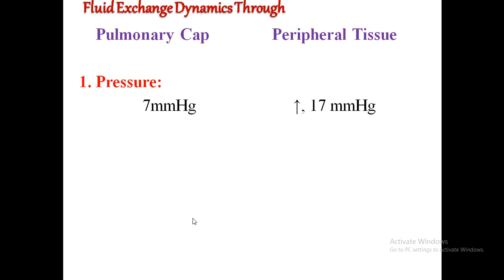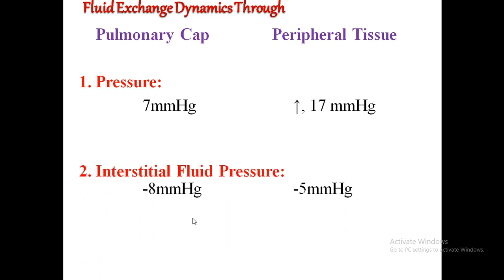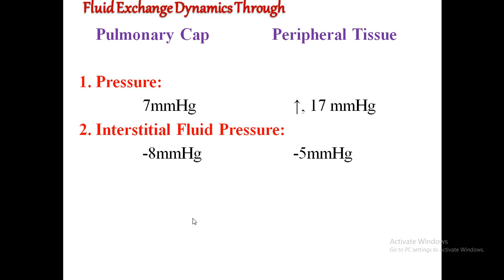Regarding the pulmonary capillaries, the pressure is 7 mm Hg, while in the peripheral tissue it increases and reaches 17 mm Hg. Then regarding the interstitial fluid pressure, it is minus 8 mm Hg in the pulmonary capillaries, but minus 5 mm Hg in the peripheral tissues.